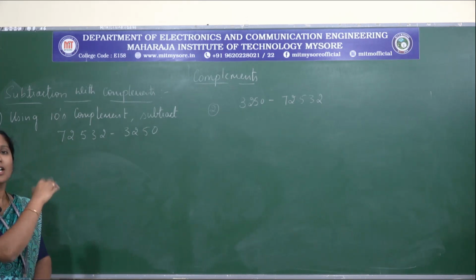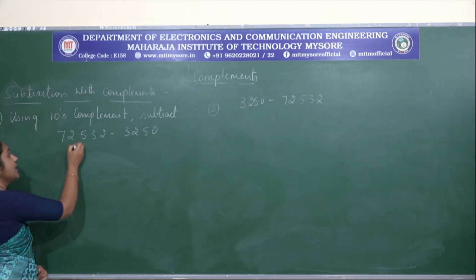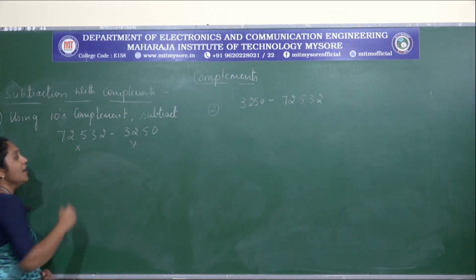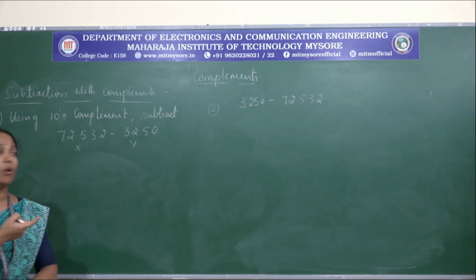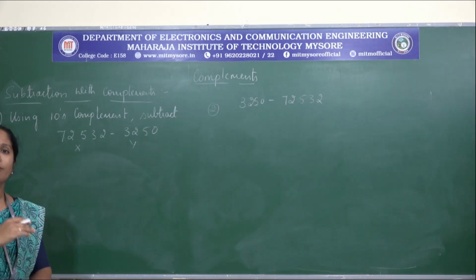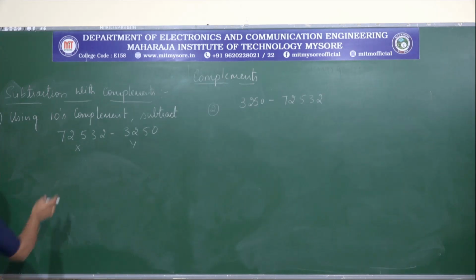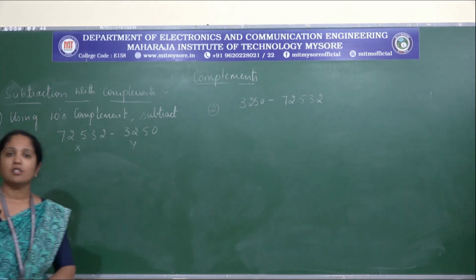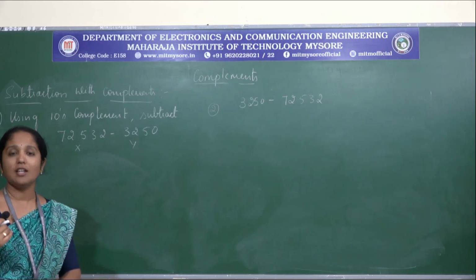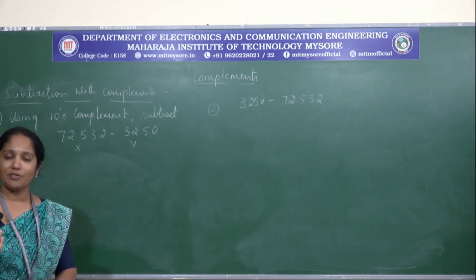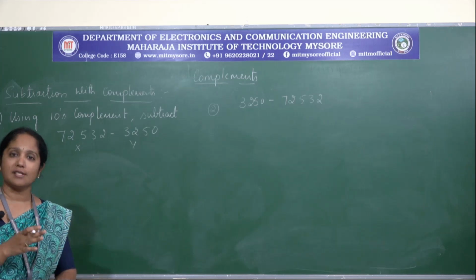Later, if I consider this as x and this as y, here I have x minus y; I also need to find y minus x. Now let us consider subtraction using the 10's complement. What is the procedure? In order to perform the subtraction, we need to take the 10's complement of the second operand and add it to the first operand.